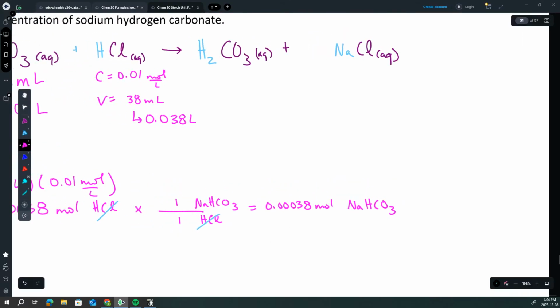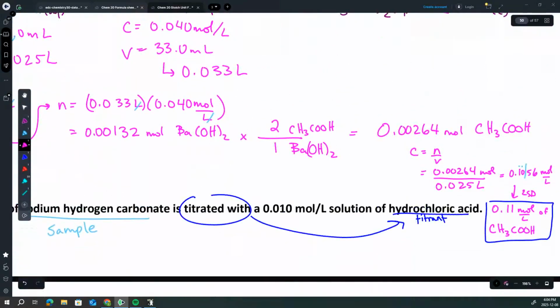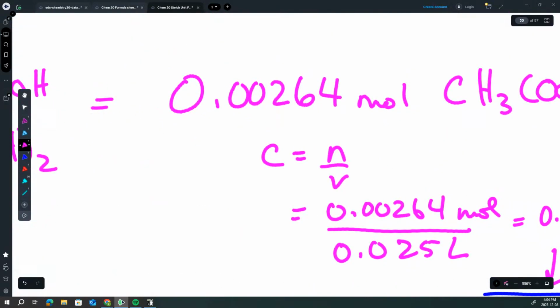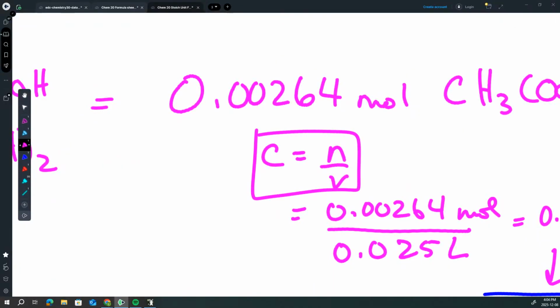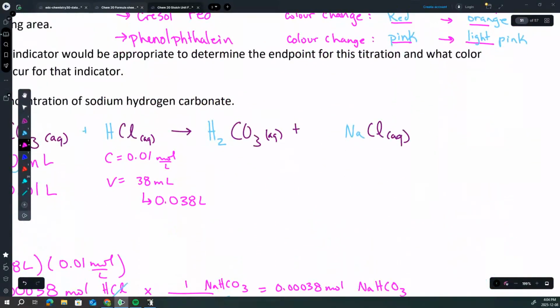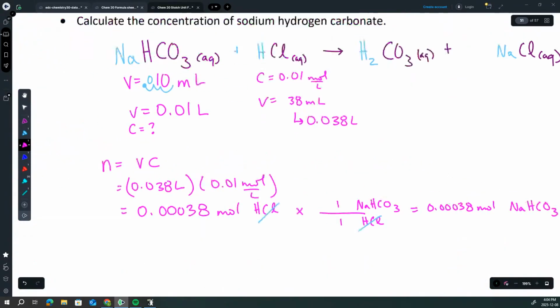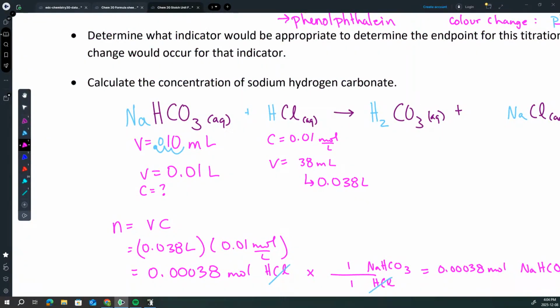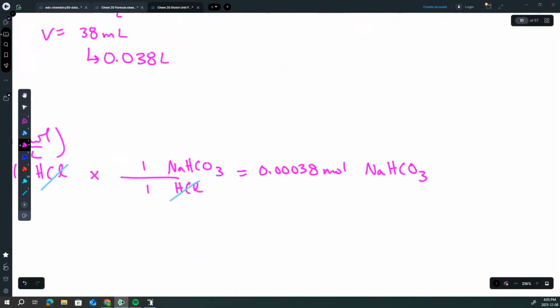Alright, now we're at the point in the previous question where I used this formula here. Okay, so we are at step 4 now. Answer the question, and since the question asked us to calculate the concentration of sodium hydrogen carbonate, that's why I'm using that formula.